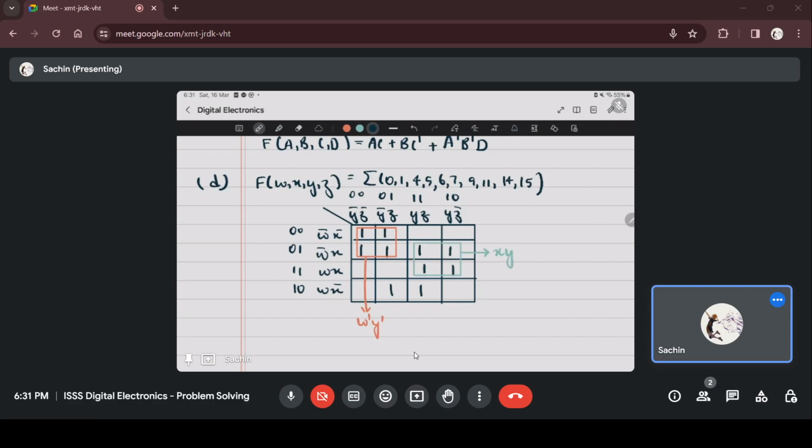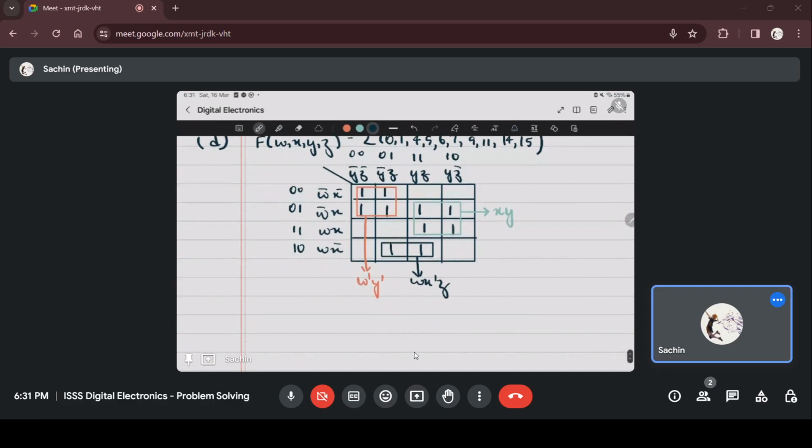But the way which uses the least number of groups is by covering those ones by a pair. So that pair is Wx prime z. So now the simplified expression for f of Wxyz is W prime Y prime plus XY plus Wx prime z. So the essential prime implicants I have marked with colors, and the non-essential one I have just used black.